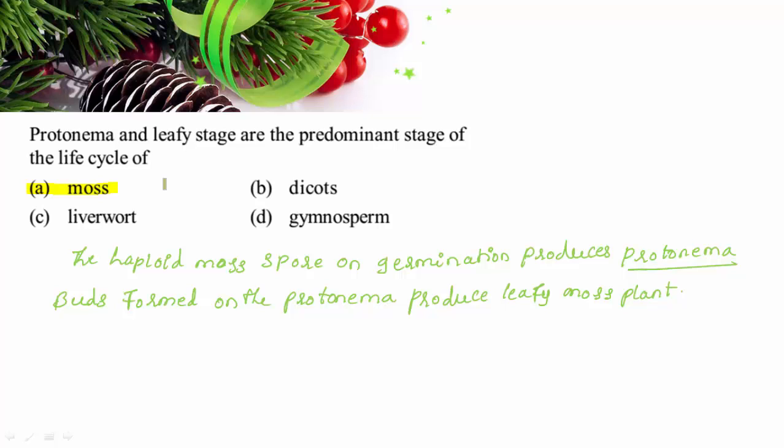So in mosses the haploid spores germinate and give rise to the protonema, and from the protonema the buds arise and they produce the leafy plant. This is the explanation for the given question.